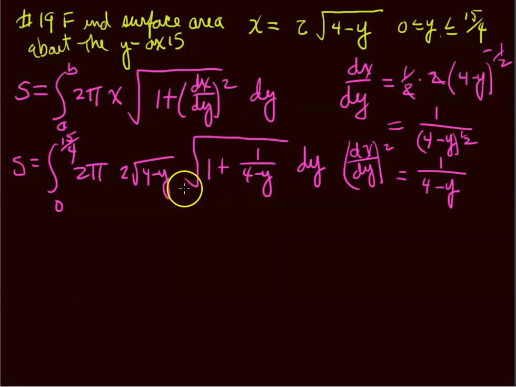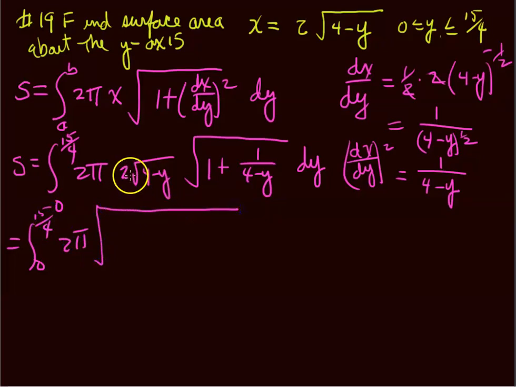Now, if we put these square roots together, this goes from 0 to 15/4, 2 pi. I'm going to make this 4 pi, sorry. These twos I'm going to put together. But this 4 minus y is going to multiply the 1, so it's a 4 minus y. Plus, and the 4 minus y will multiply this, which is really just the 1, right?